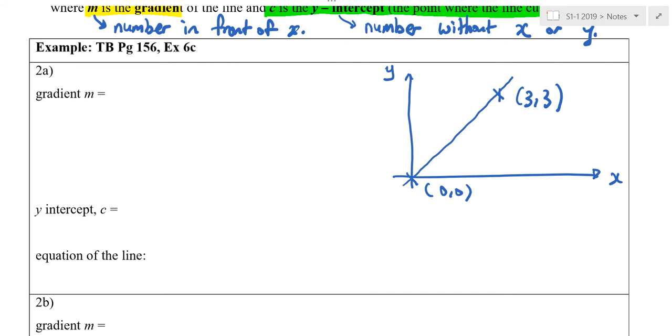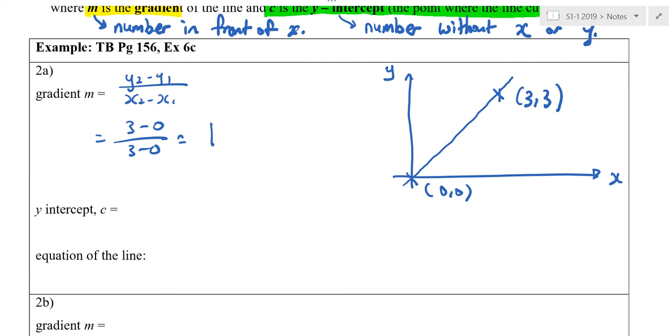What is 3 over 3? 1. Right? Did you get your 1? If yes, very good. That means you understand already. After you write all the numbers, please use your calculator. Don't use mental sum. The numbers are going to get very complicated with decimals and powers and all the other things.